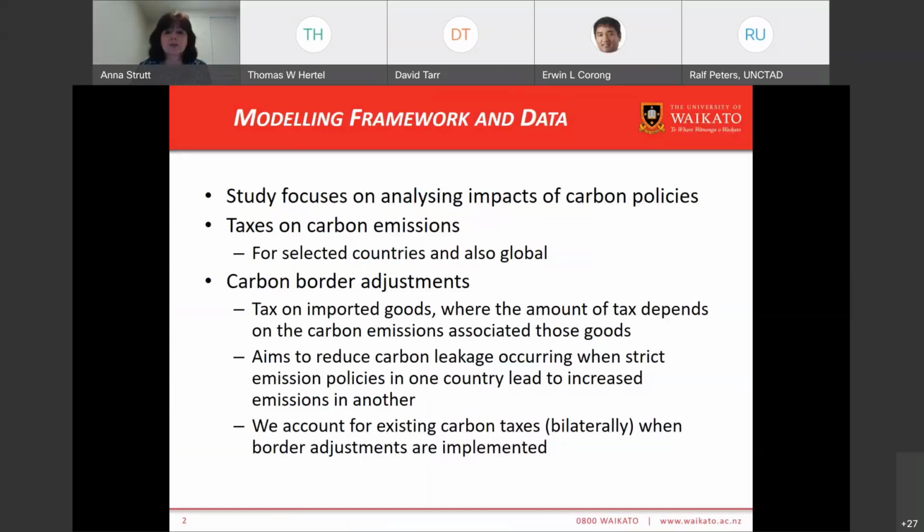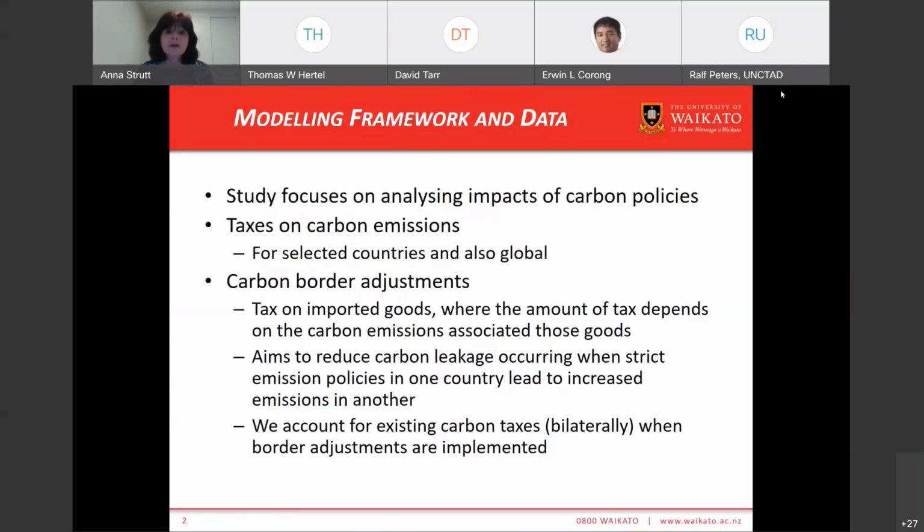What we're focusing on is the impacts of carbon policies, not just border tax adjustments. We're focusing on taxes on carbon emissions for selected countries, and we also take a look at imposing a global carbon tax, which some people might argue is the optimal policy.